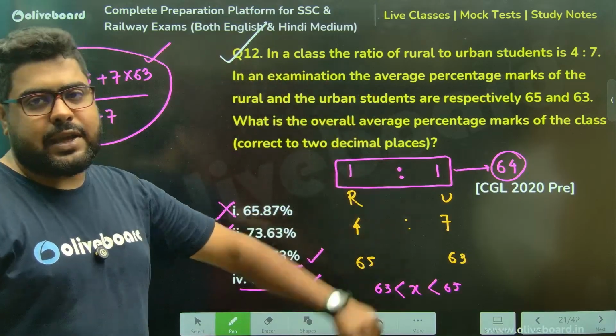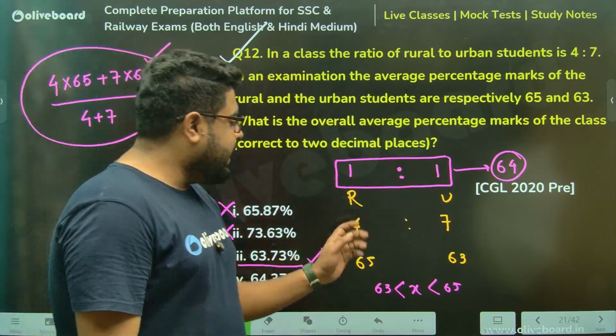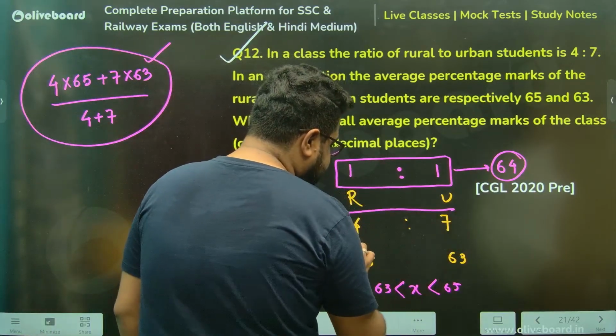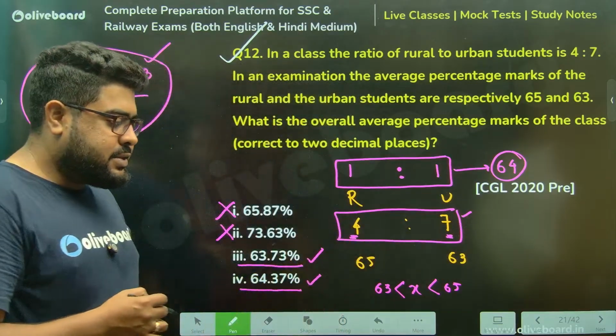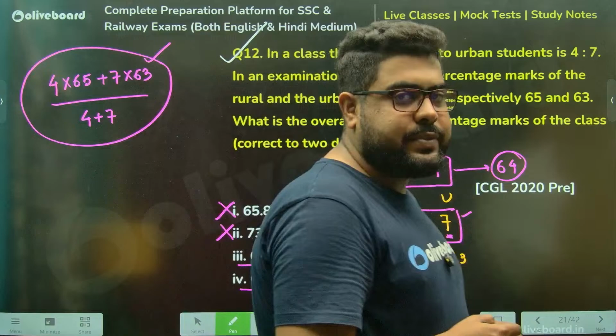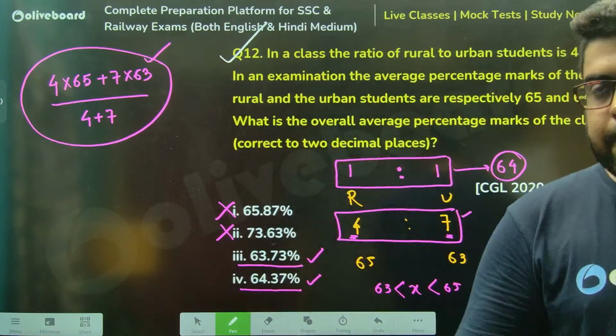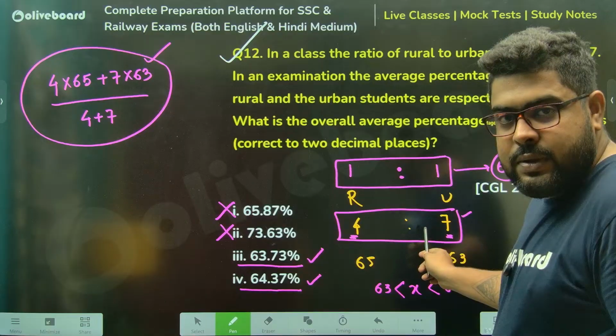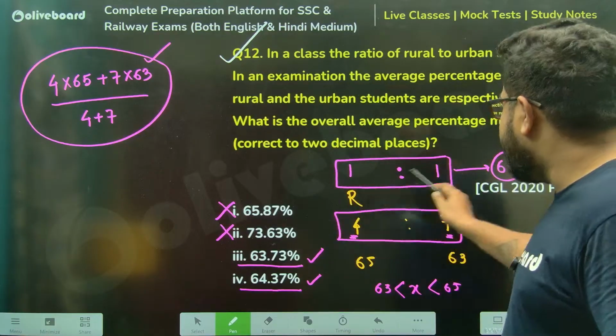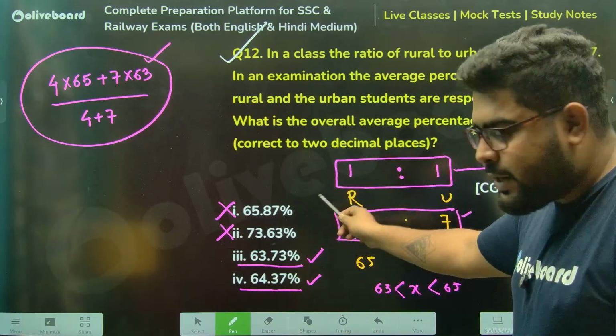But sir, that is not the case. The weight is tilted towards the right-hand side, the urban students. This weight is greater than this. So the weight is tilted towards 7, meaning my answer will not be in the middle, it will be tilted towards the same side.